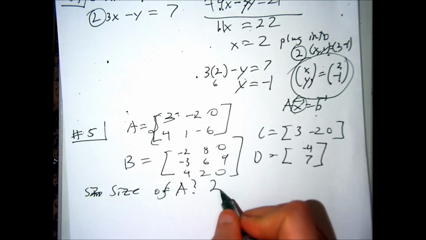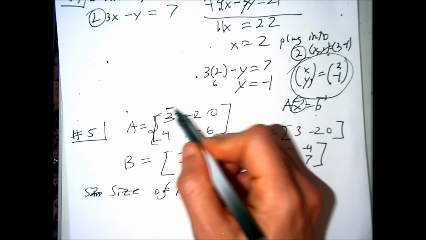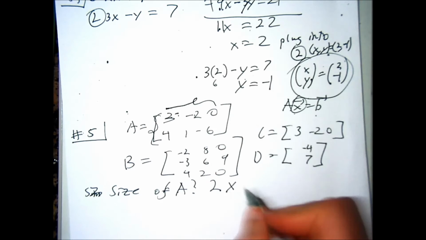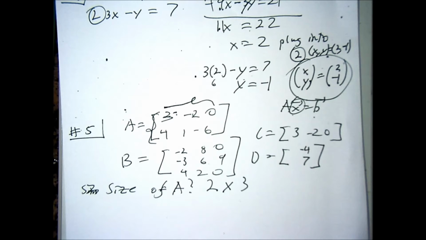So you would say it's 2 by, and then the number of columns, which is n, 3. So 2 by 3 matrix. So this matrix cannot have a unique solution. Well, maybe it can, but a lot of times I've experienced that these matrices tend to have either infinite solutions or something like that.